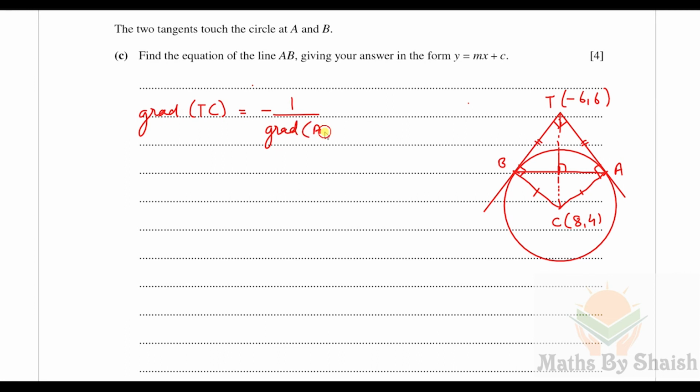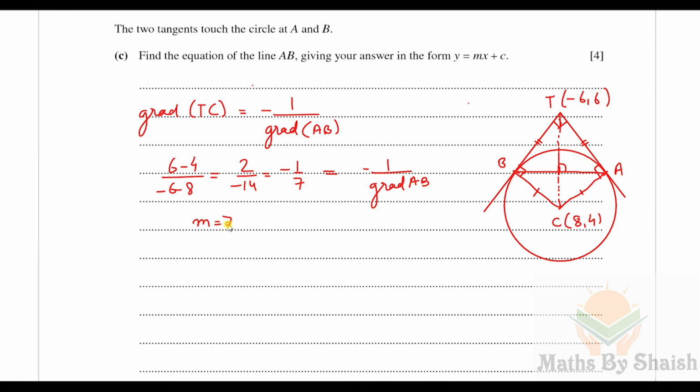And we have the TC gradient by y2 minus y1, so we can take 6 minus 4 upon minus 6 minus 8, which is 2 upon minus 14, that is minus 1 over 7. This would be equal to minus 1 upon gradient of AB. We'll take gradient of AB as m, so we can see from here that m is going to be 7.